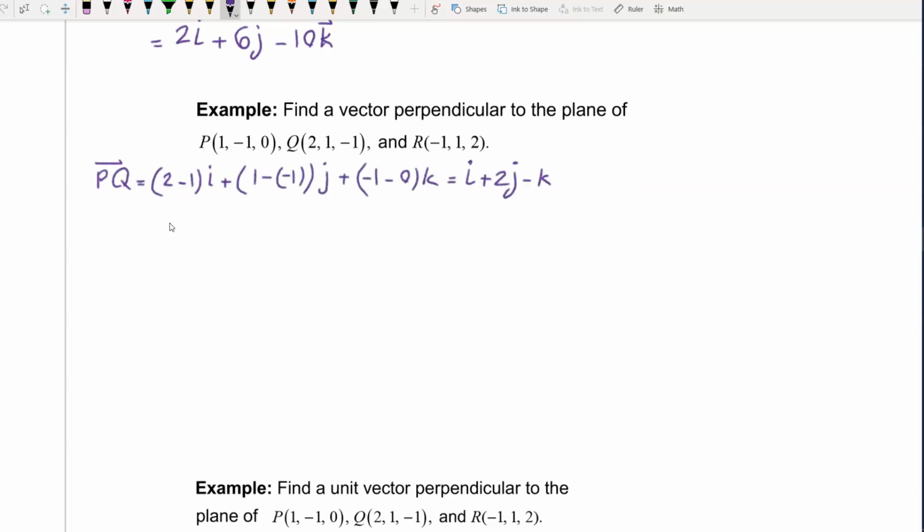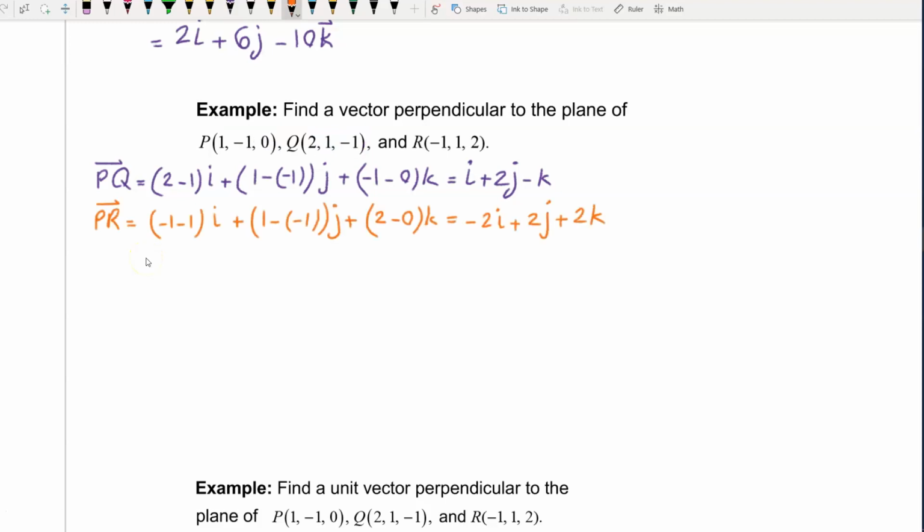So PQ is equal to, here for Q we have 2, here is 1 for P, so it is 2 minus 1 times i plus, and then we have this number for Q, it is 1 minus negative 1 times j plus negative 1 minus 0 times k, so this is equal to i plus 2j minus k.